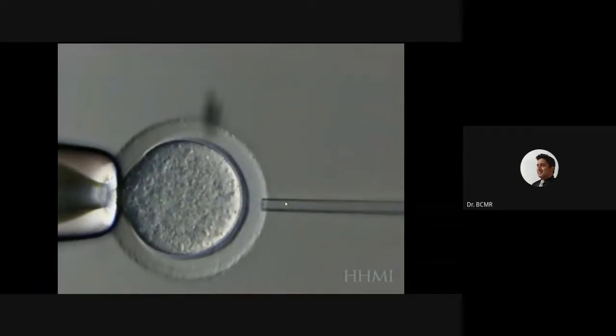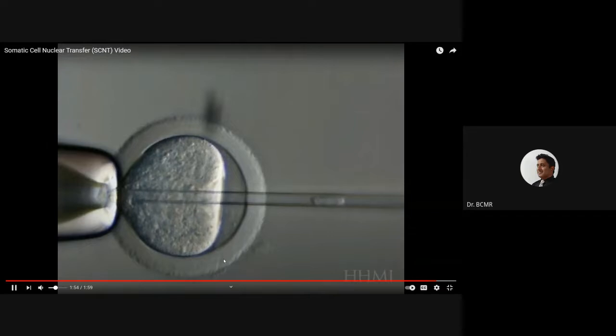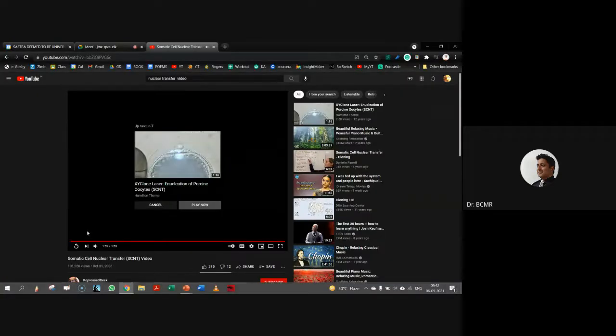These are the parts removed. This is the nucleus from a different cell. A hole is made and the new nucleus is being put in. It's amazing, isn't it?